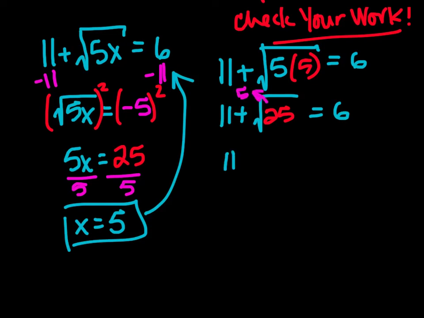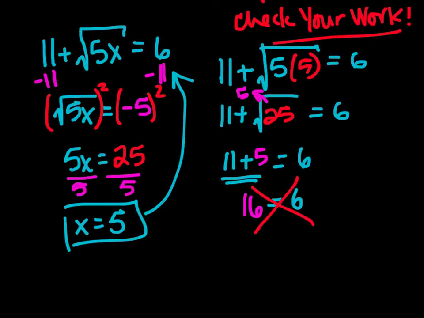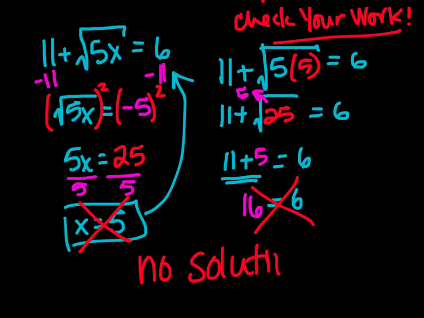So then we have 11 plus 5 is equal to 6. 11 plus 5 gives us 16 is equal to 6. 16's never equal to 6. They look kind of similar, but they're not the same thing. So x cannot equal 5. That means there are no solutions to this problem.